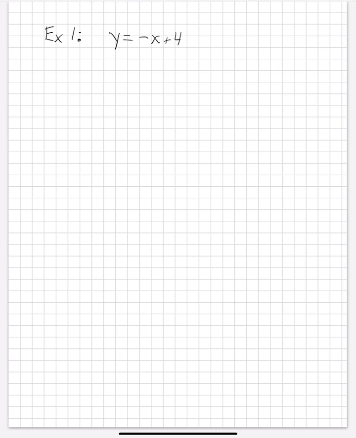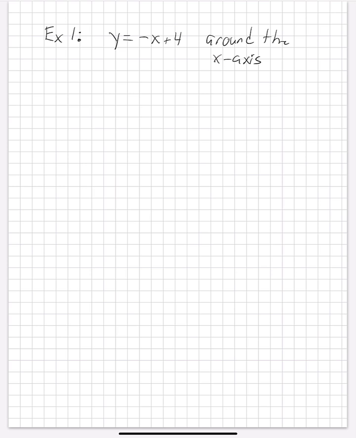So what we're going to do is find the volume of y equals negative x plus 4 around the x-axis. Okay, so we're going to look around the x-axis.